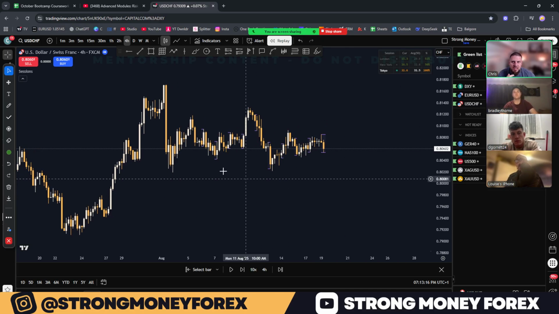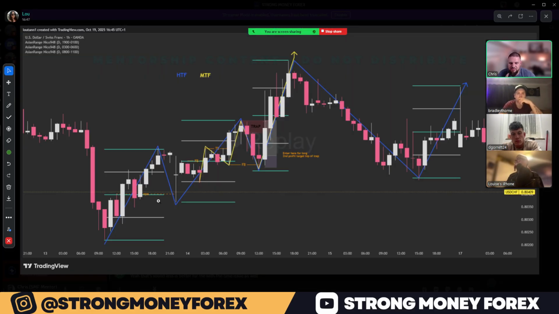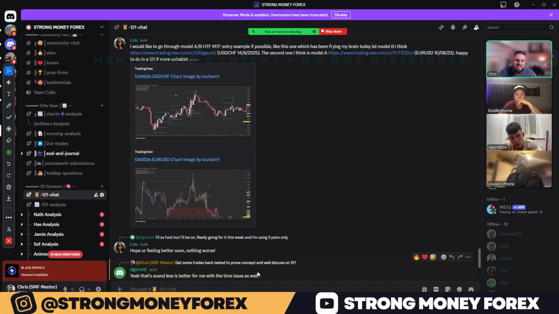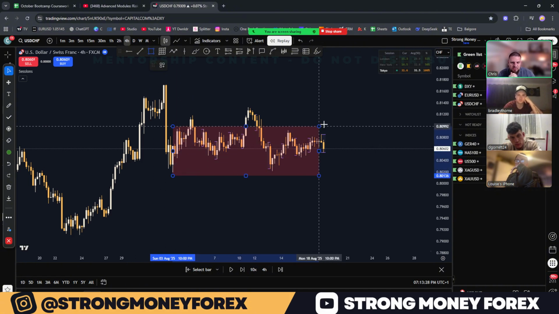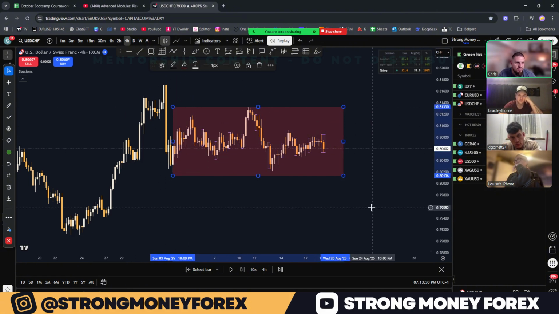This is a ranging market, and this is sometimes the risk of being quite zoomed in: you're looking at it and thinking, I can't quite work it out. When you take a step back and zoom out, you can see that this market is actually quite ranging. So on this 4-hour chart there isn't really a very clearly defined structure.